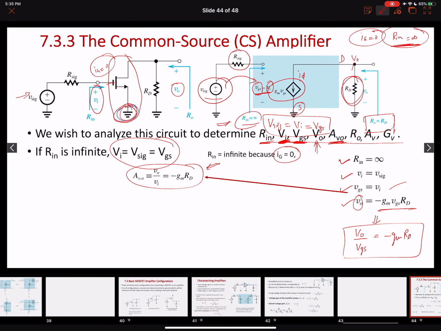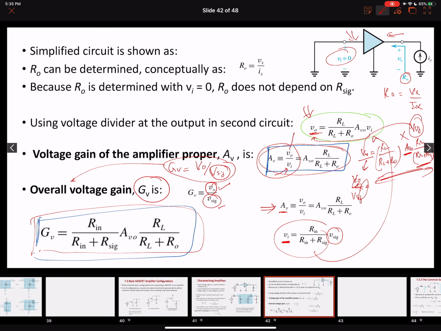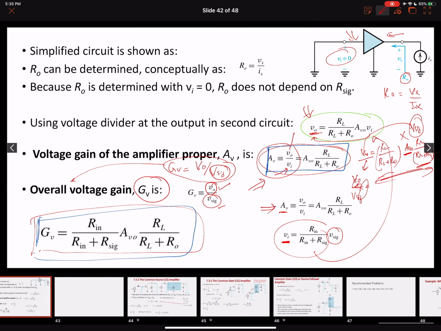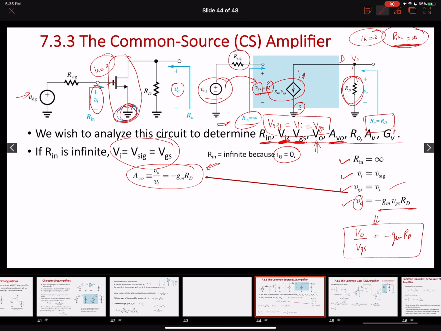Our open circuit voltage gain can be easily found from this. Now let's look at how to find the voltage gain of an amplifier and the overall voltage gain. We're going to use the same equations. The voltage gain of an amplifier is AV equals V naught over Vi, which is AV naught RL over RL plus R naught. This is the overall voltage gain. Our AV naught is minus gm RD, and R naught equals RD.